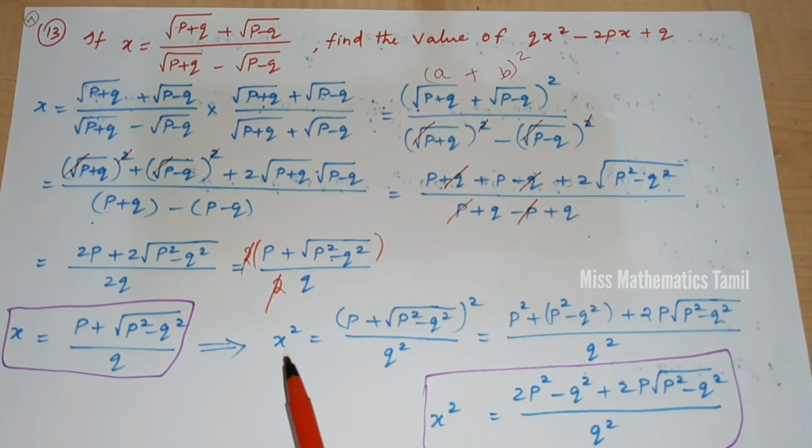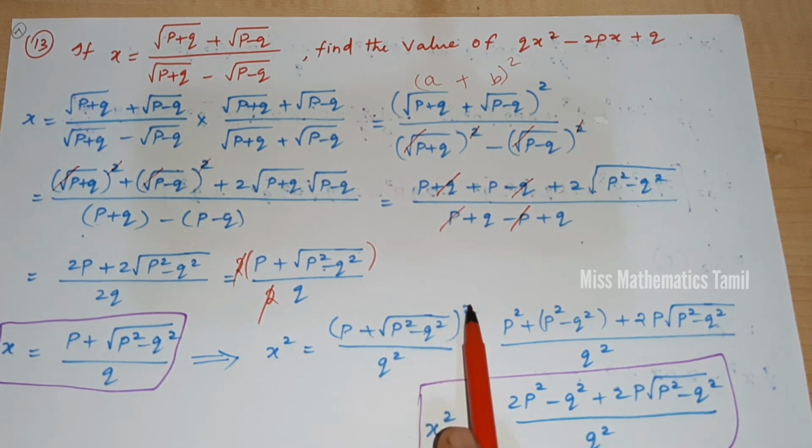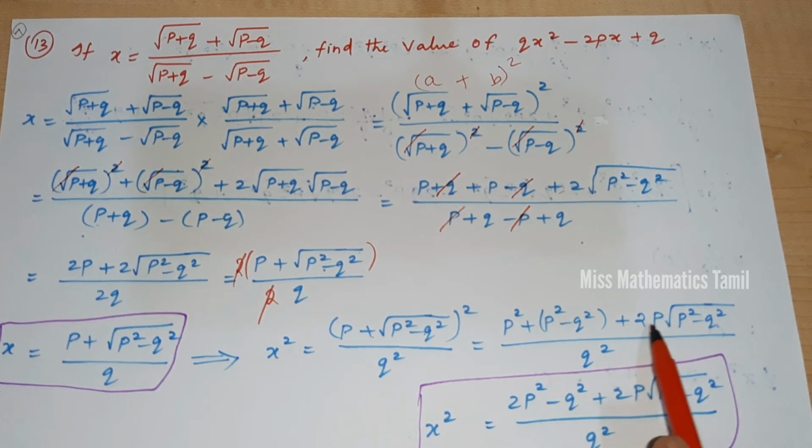Okay, next we want x square. So I am putting square in the numerator as well as in the denominator. So this is a plus b the whole square. I am writing a square plus b square. In the b square, root and square cancelled, right? Plus 2 into a into b.